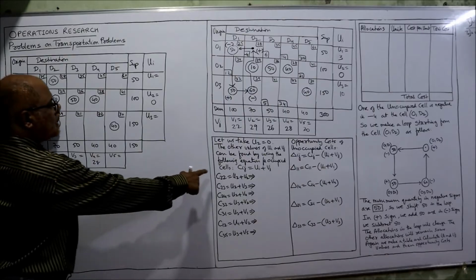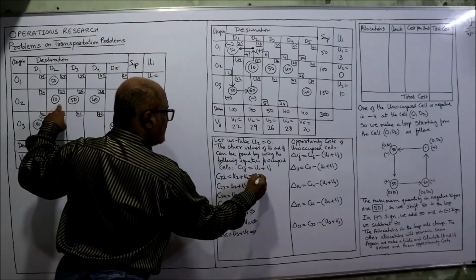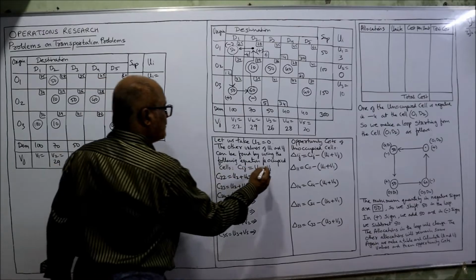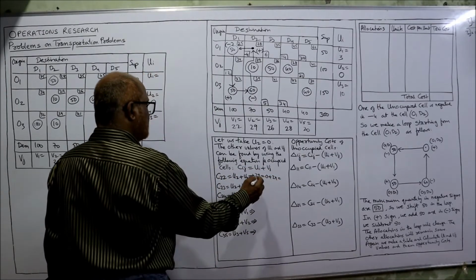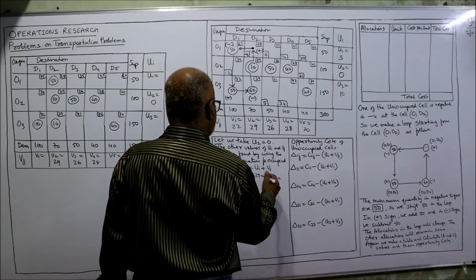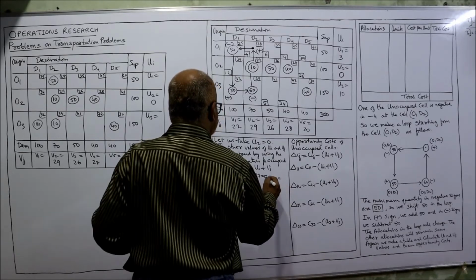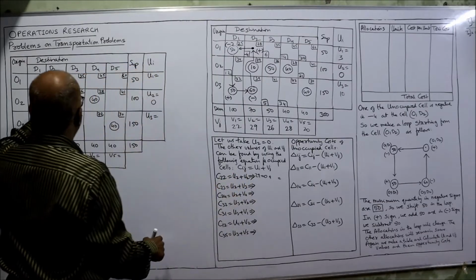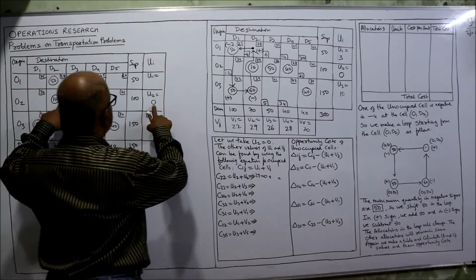C22 is U2 plus V2. C22 is 29. So 29 is equal to U2, which is 0, plus V2.